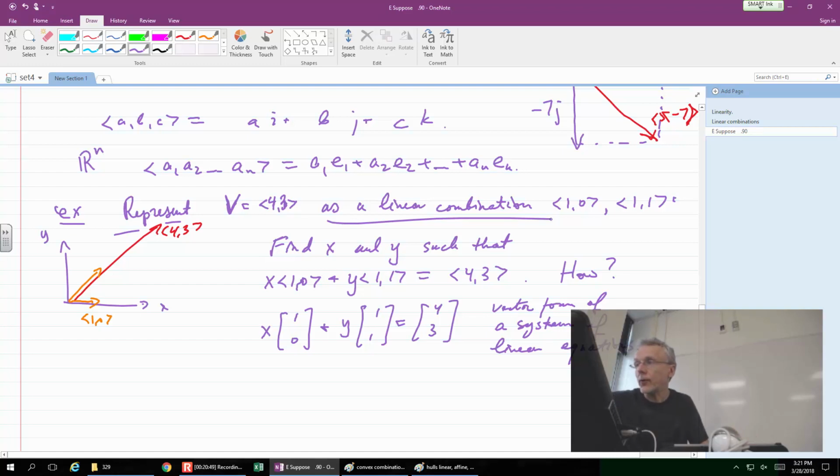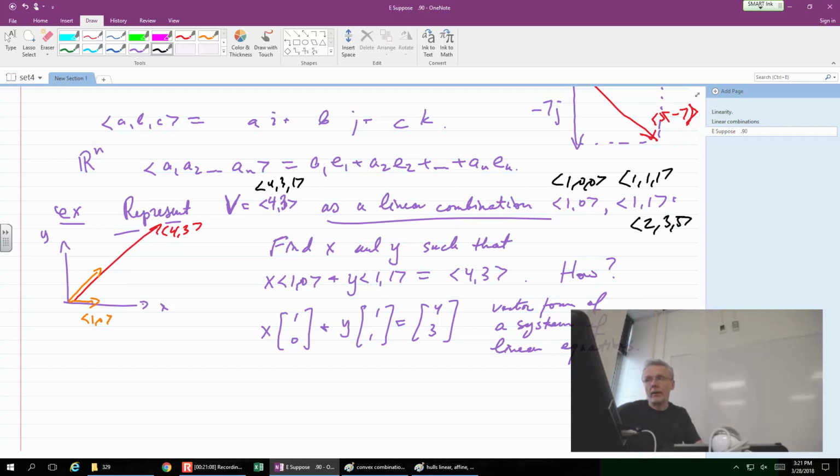So instead of 4, 3, I have, say, 4, 3, 1. And these vectors are 1, 0, 0, and 1, 1, 1, and maybe there's a third vector, 2, 3, 5. Okay, so it still works out the same way. To solve that problem now, I have this three-dimensional vector to be represented as a linear combination of those three. How do I write it?